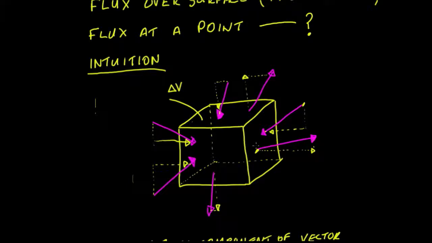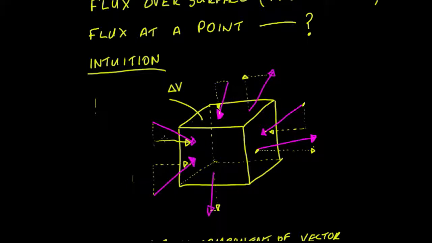What we're interested in is not the length of these arrows, but the actual normal component to the surface for these arrows. So for example, this arrow here pointing out, we're not interested in this full length, we're only interested in that part of the arrow which is normal to this top surface here.